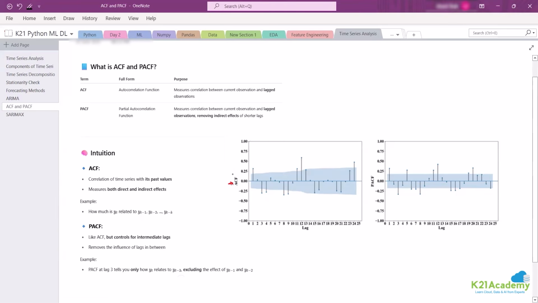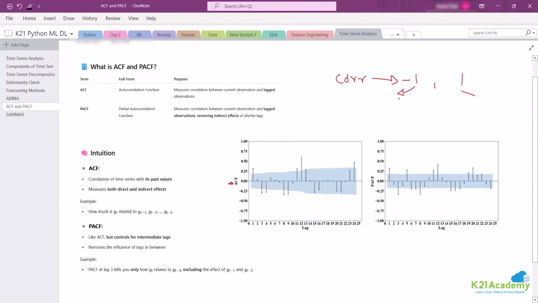We know that the range of correlation varies from -1 to 1. For -1, the data is highly correlated in the opposite direction, and for 1 the data is highly correlated in the positive direction.